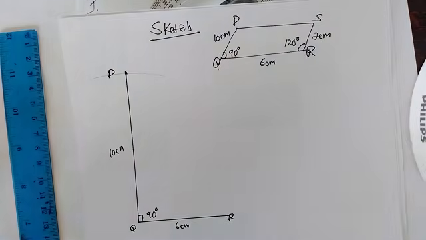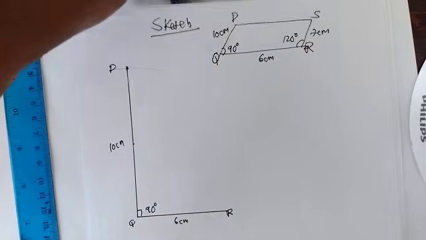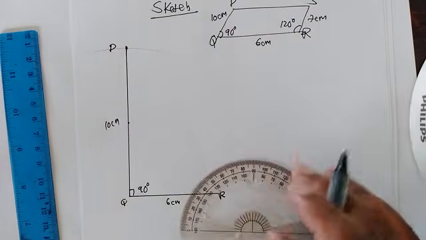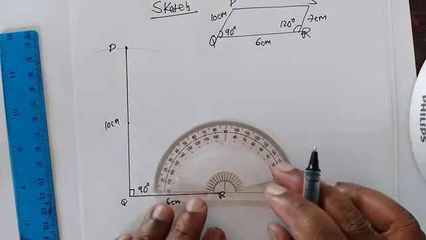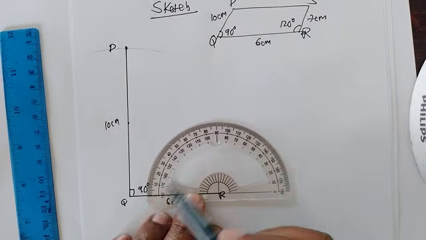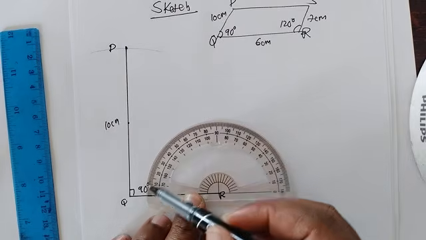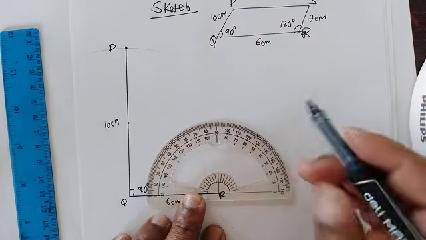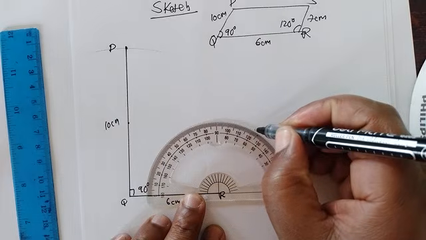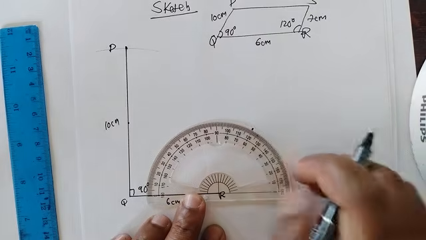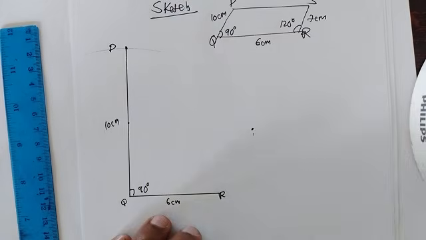Then we measure 120 with a protractor. Okay, so the 120 should be measured from point R, this one. So you start from the 0 mark, alright, you go all the way, and 120 is here. Okay, so you put your 120 right here outside, you put a dot, then come to the length.